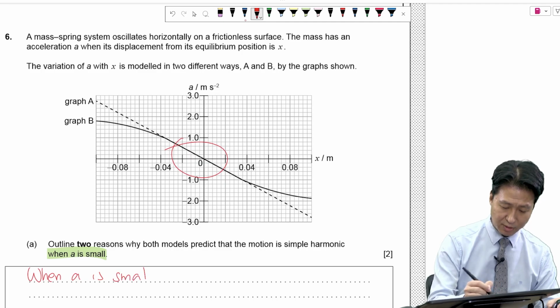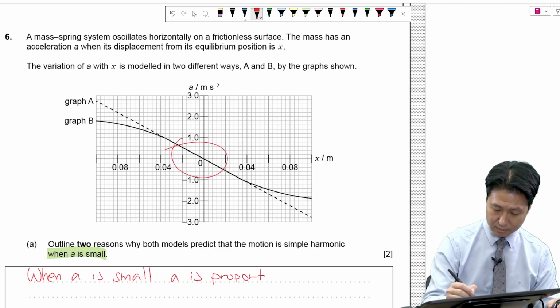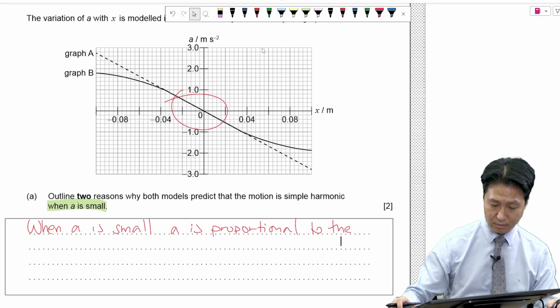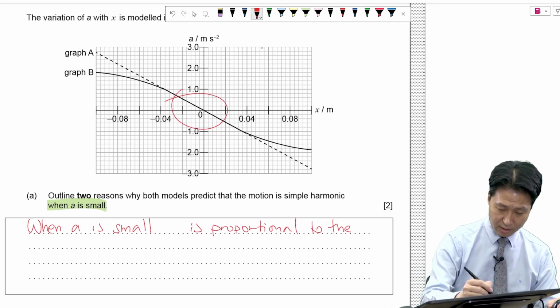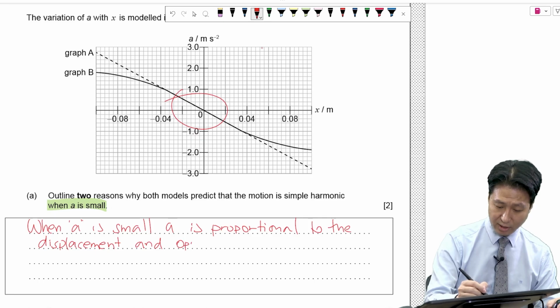So when a is small, acceleration is proportional to displacement and opposite in direction.